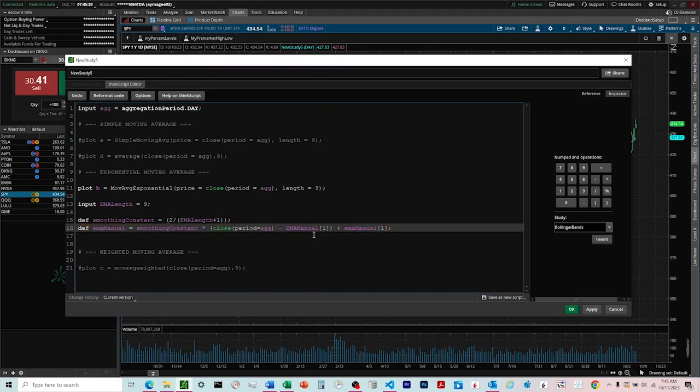So what this 1 in brackets means is it goes back 1 value. So it's going to say whatever the prior day EMA was, we're going to use that number. And then once it runs this formula, it's going to get a number, and then it'll overwrite EMA manual with that new number.